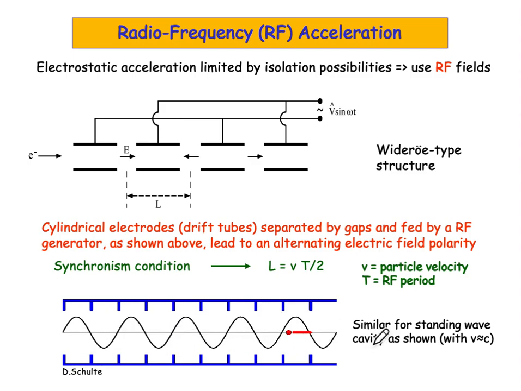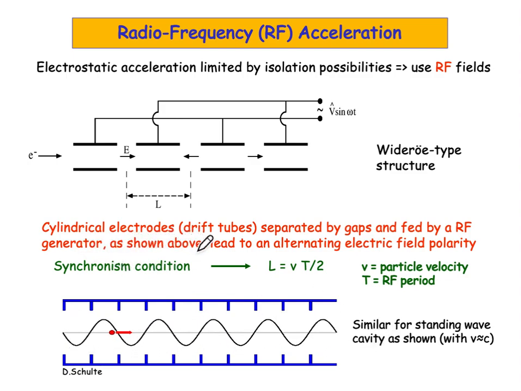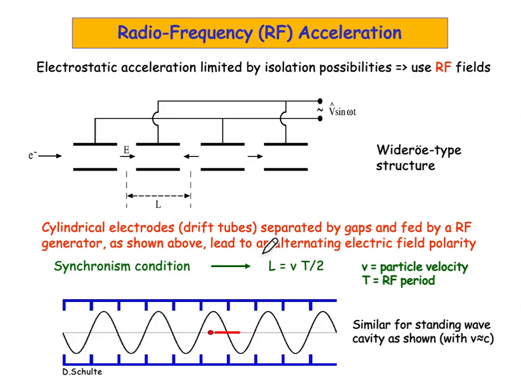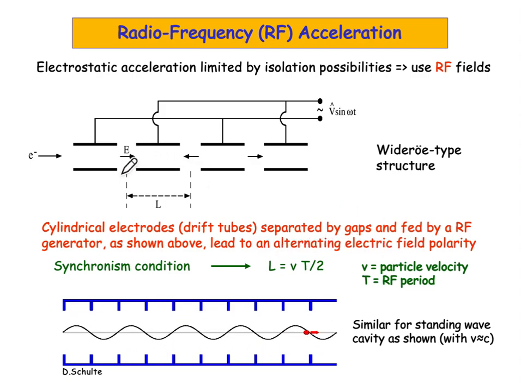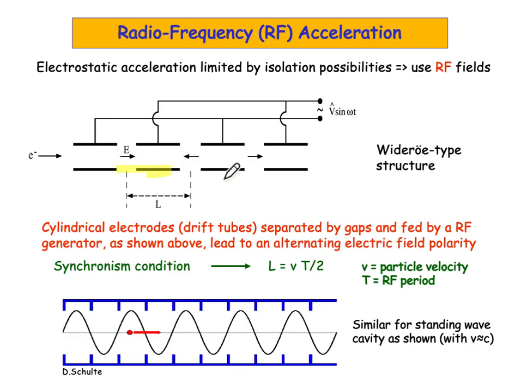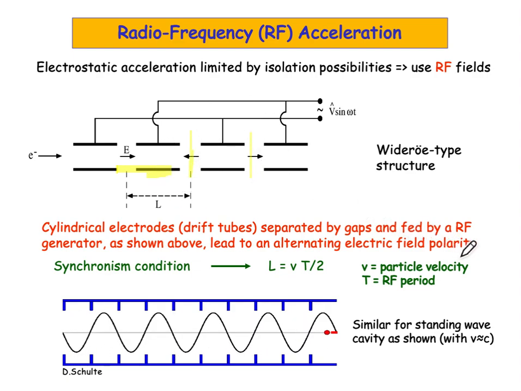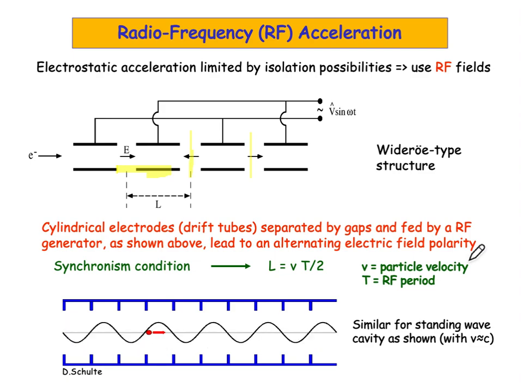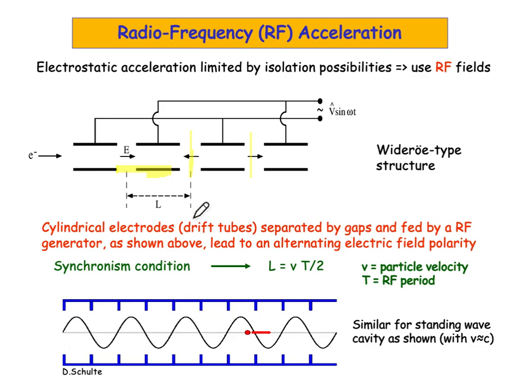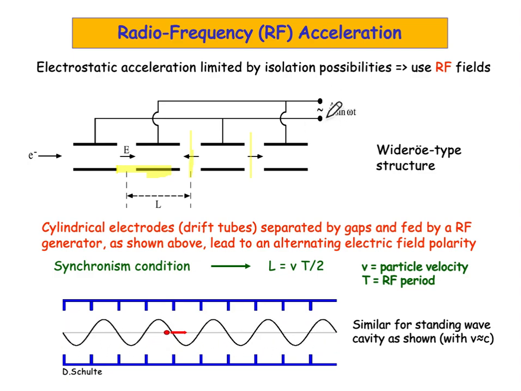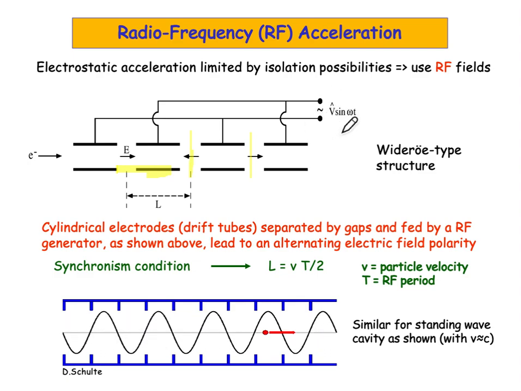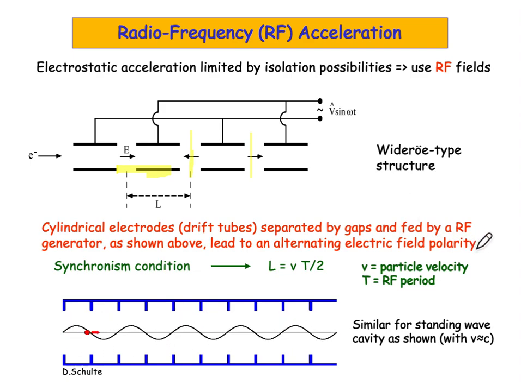And you can see here the cylindrical electrodes, that means drift tubes, separated by gaps, here a gap, here a gap, and here a gap, which are fed by a radio frequency generator as shown in the figure, with radio frequency voltage V equal to V0 sine omega t.